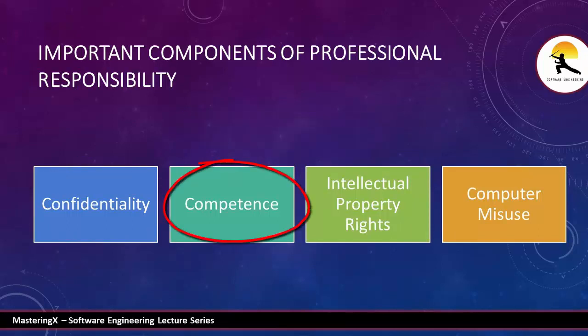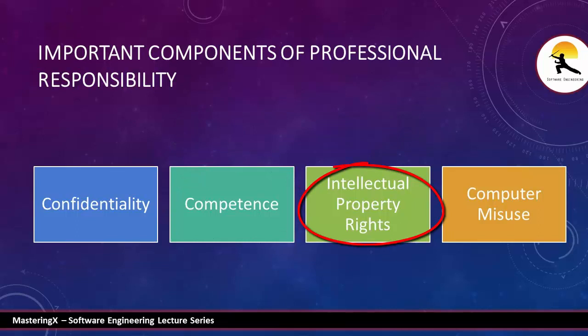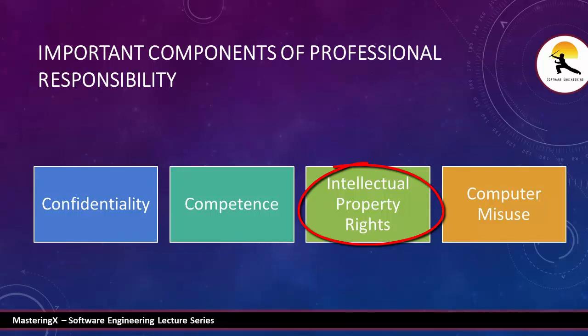It says you should not misrepresent your level of competence. You should not knowingly accept work that is outside your competence. The third one, intellectual property rights. Here you should be aware of local laws governing the use of intellectual property such as patents and copyrights. You should be careful to ensure that the intellectual property of the employers and clients is protected.